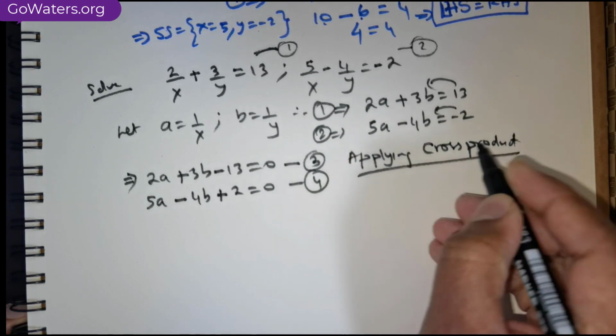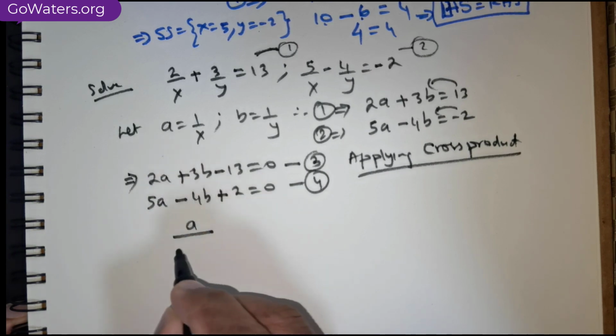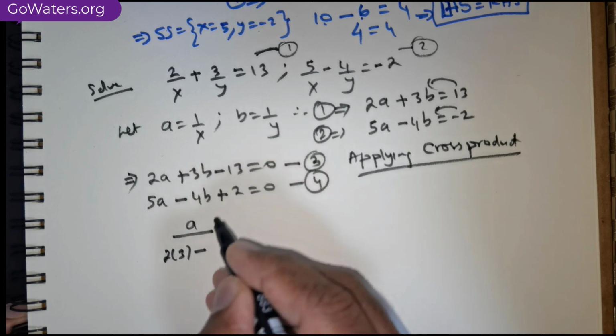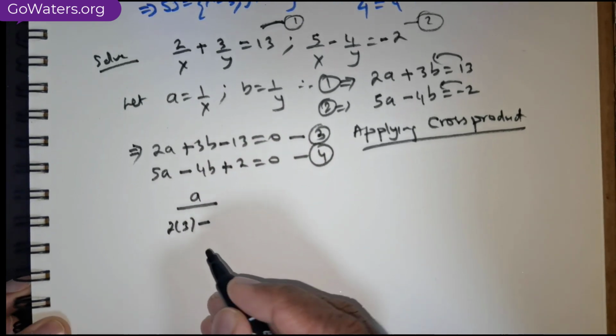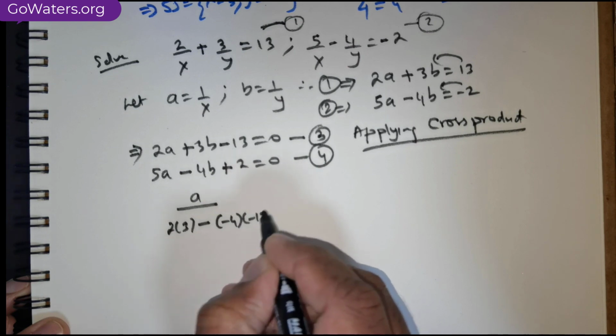and by applying cross product, this is going to be a over, leave this column, 2 times 3. When you are moving from the left-hand side, there's going to be a negative sign, followed by negative 4 times negative 13.